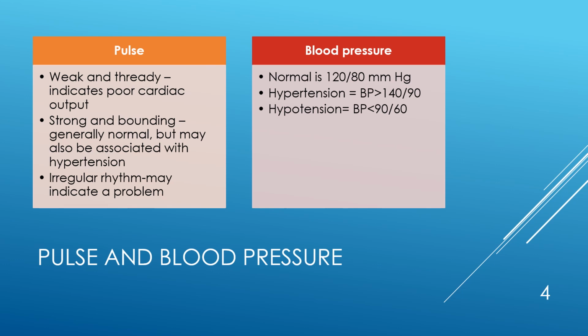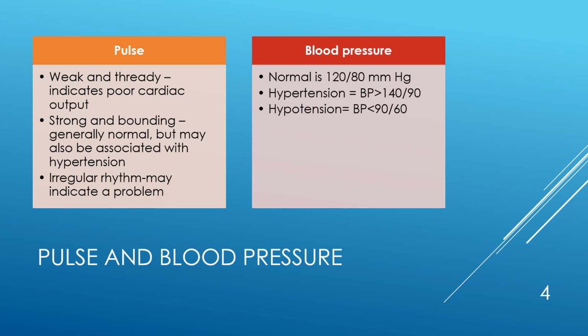Also, when you review the pulse, typically a weak and thready pulse indicates poor cardiac output. A strong and bounding pulse may indicate hypertension. An irregular rhythm may indicate some kind of cardiac problem.